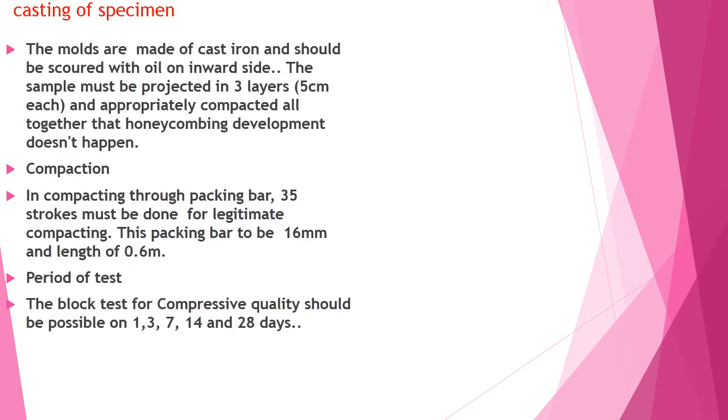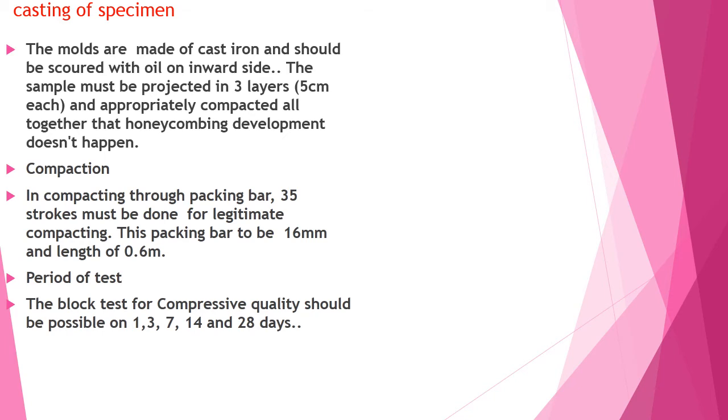Casting of specimen. These molds are made of cast iron and should be smeared with oil on the inward side. The sample must be cast in 3 layers, 5 centimeters each, and properly compacted so that honeycombing does not happen. Compaction: in compacting with the tamping bar, 35 strokes must be done for proper compacting.